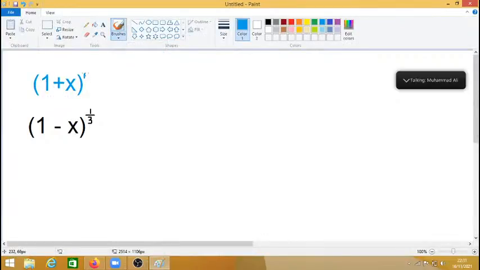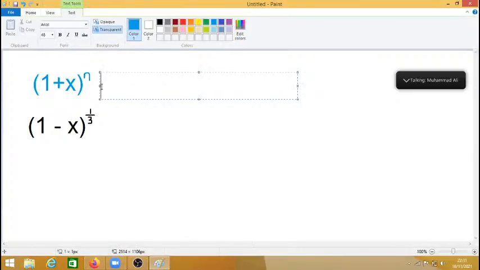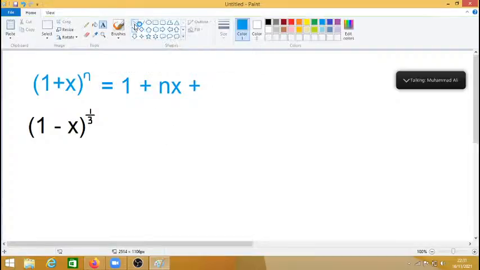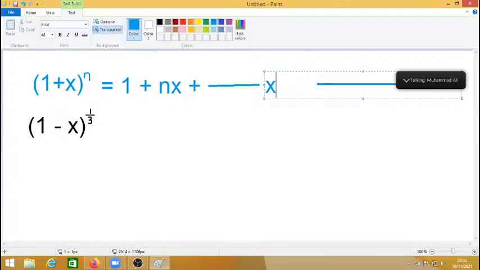The beginning of it is very, very easy. It equals 1, then plus nx, n times x, plus, and now here comes the tricky bits. So it's going to be quite a complicated looking fraction, and we've got the x term here, so then the next term is going to be x squared.